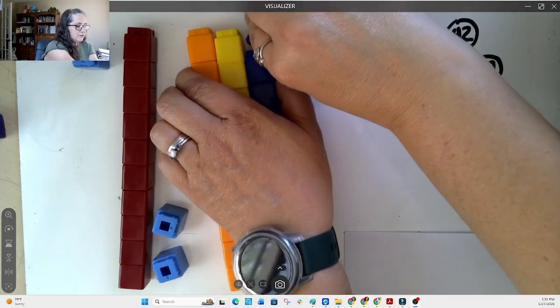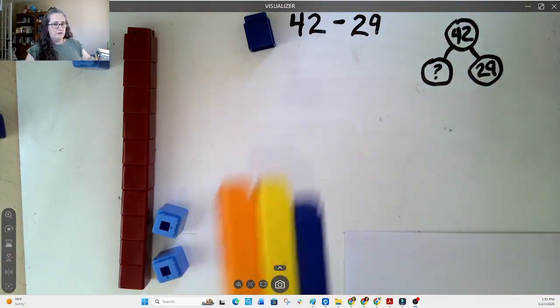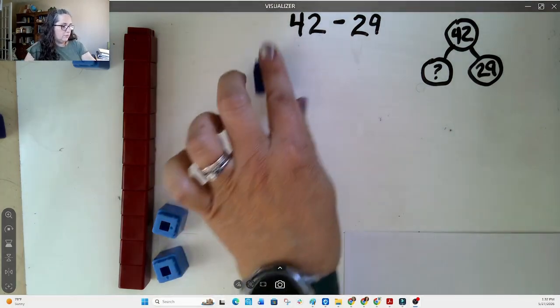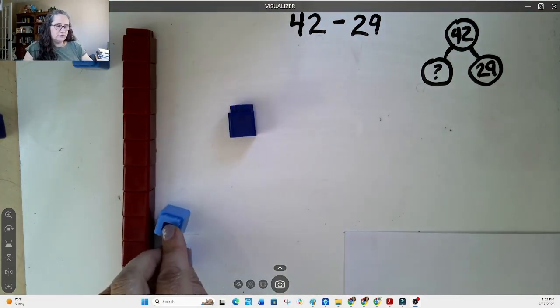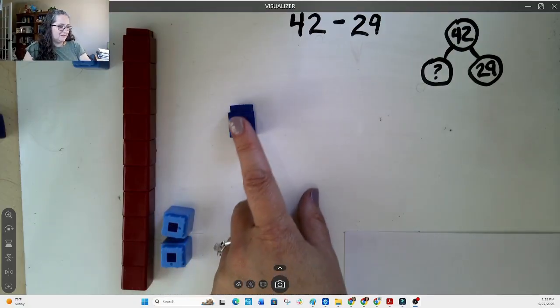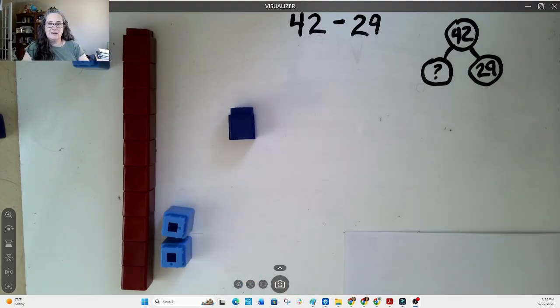So I'm going to take away 2 10s, 9 1s from 30. What's left? I have 1 10 and 2 1s from my original 42 and 1 from that 30 that I decomposed off to take away 29.